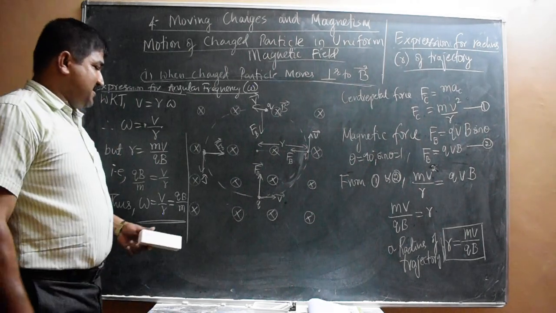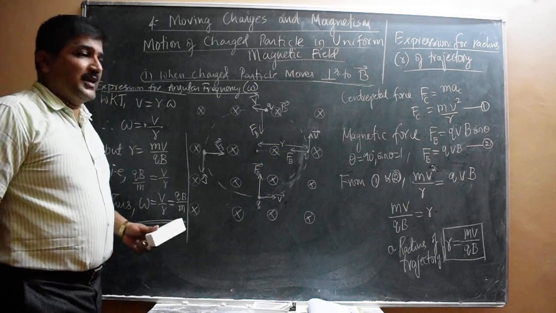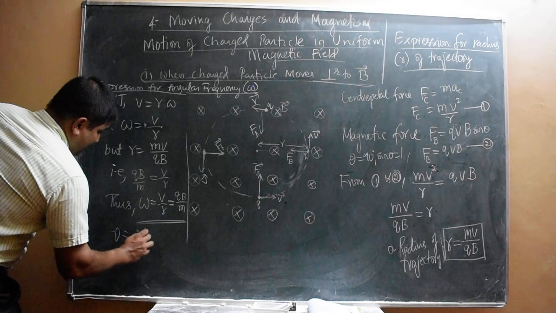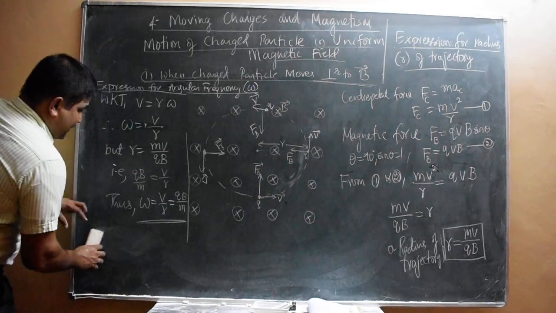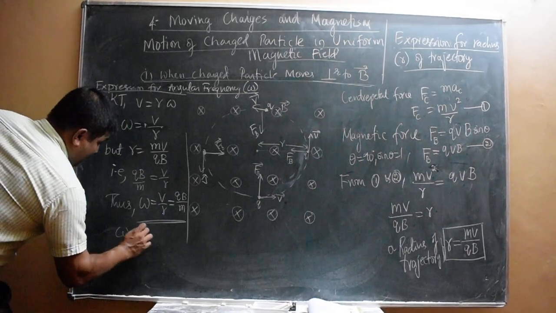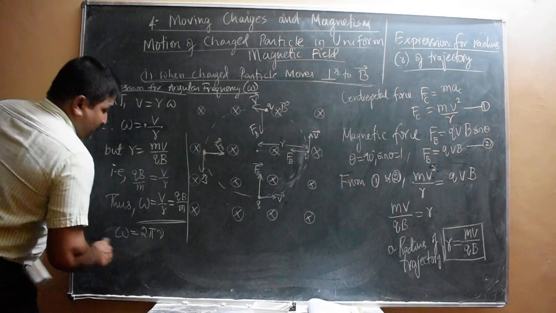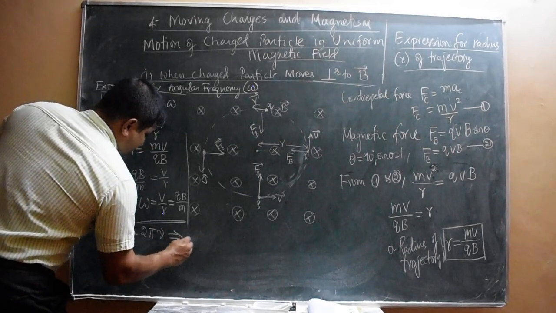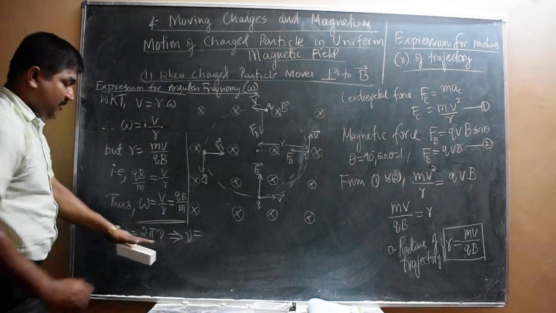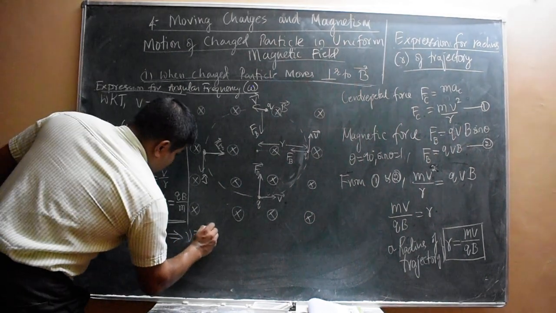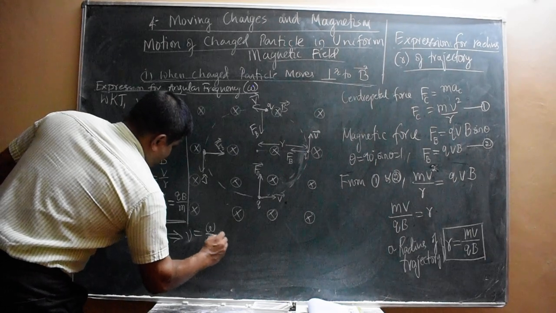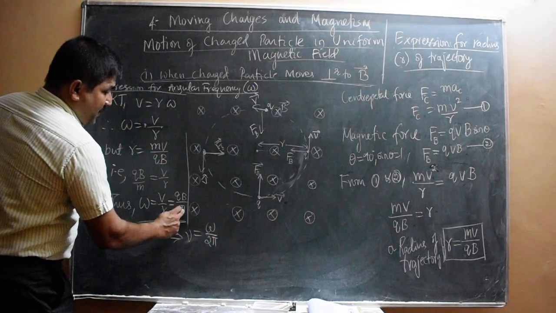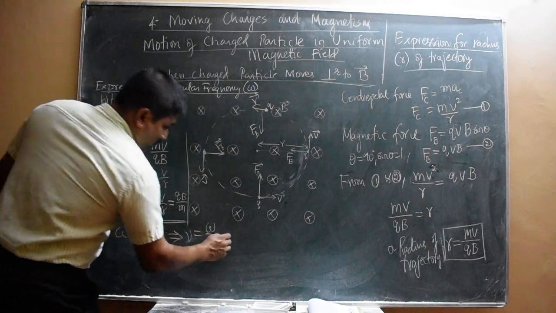Now angular frequency we got. Now frequency we can get easily. Angular frequency omega equal to 2 pi nu. Therefore frequency nu equal to how much? Frequency nu equal to omega by 2 pi. Substitute this omega value here, qB by m divided by 2 pi.